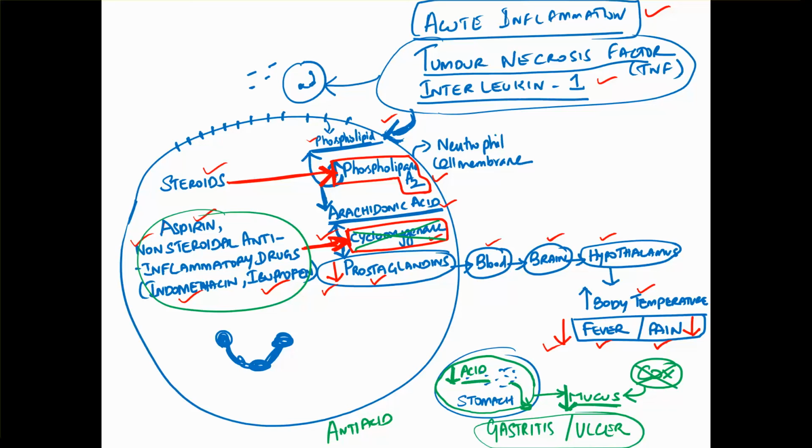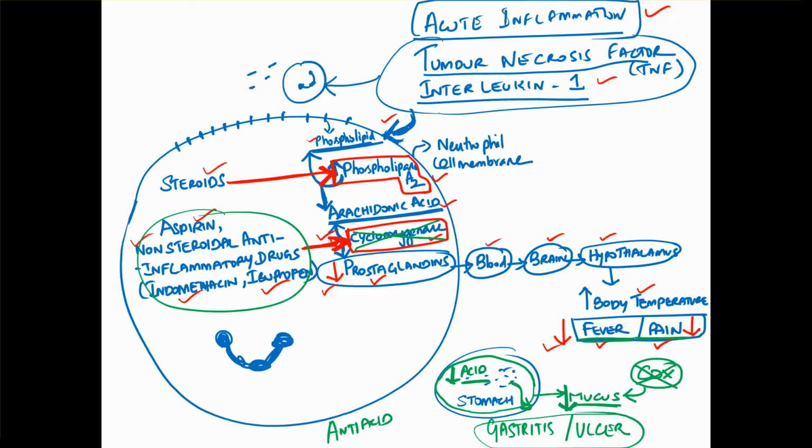So this is the mechanism involved in acute inflammation. Acute inflammation produces fever and pain, which can be modulated, which can be changed by using certain drugs that block certain enzymes.